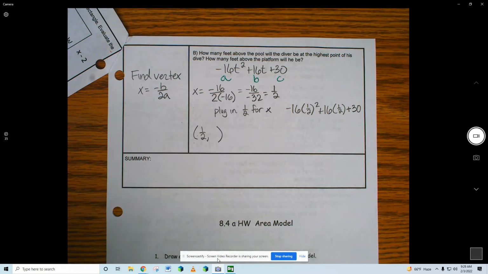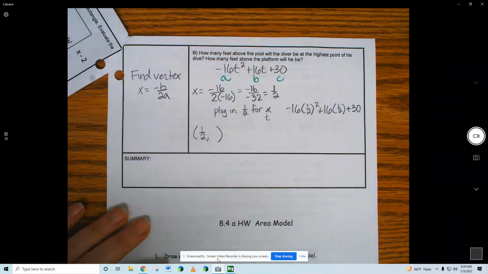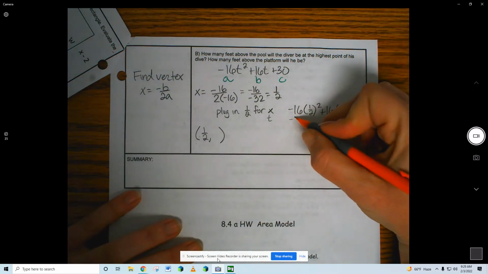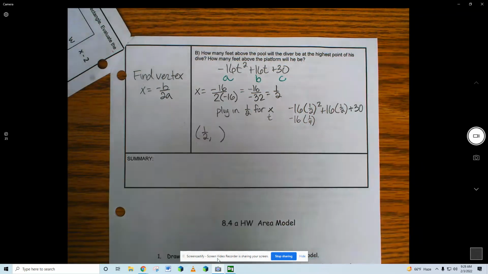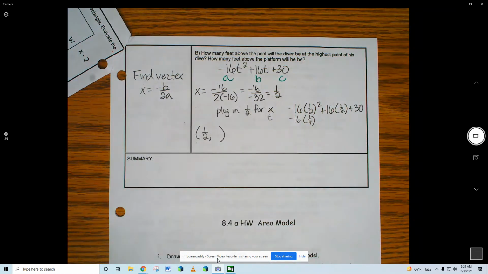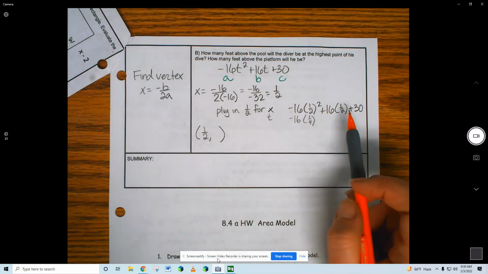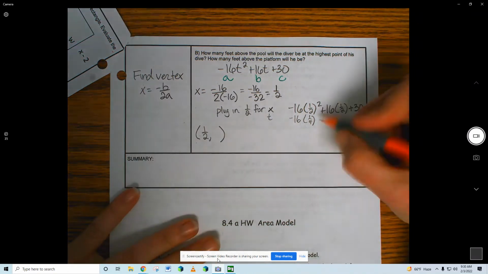I am plugging in 1/2 for x, which is the same thing as my t, my unknown. Substitute the t value, make it 1/2. Negative 16 times 1/4. Remember, you have to do the exponents first. What is 16 times 1/2? What's 1/2 of 16? 8.